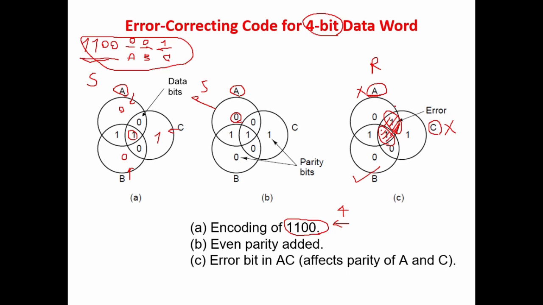The location is now detected by the receiver. The way to detect it is simply to take the intersection between the circles that have problems and exclude the ones that are fine. Now the location is detected exactly.